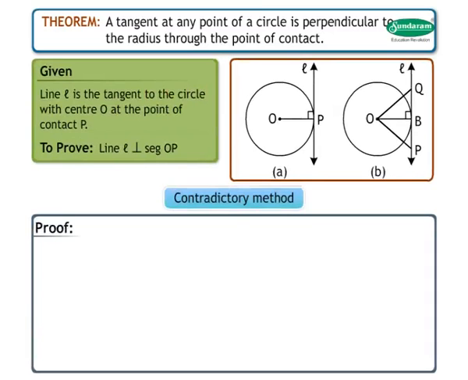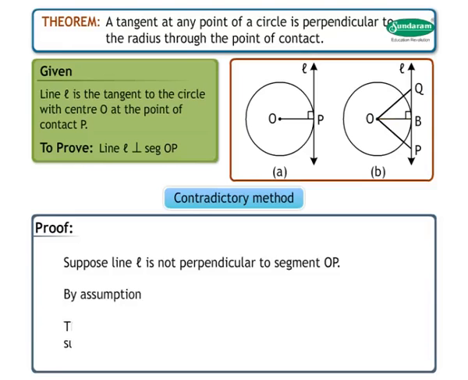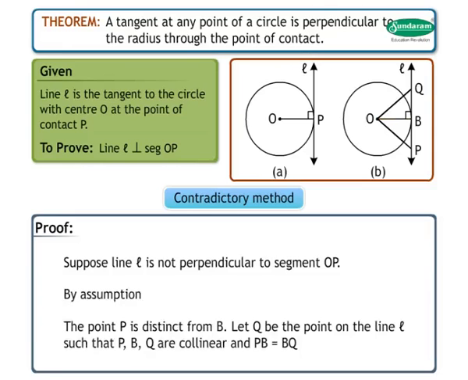Proof. Let us assume that line L is not perpendicular to segment OP. Let us draw a perpendicular from O to the line L at the point B such that OB is perpendicular to line L. By assumption, the point P is distinct from B.